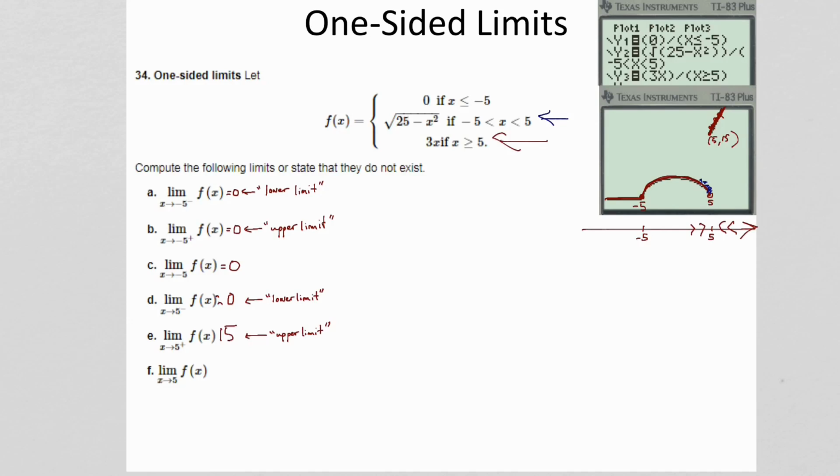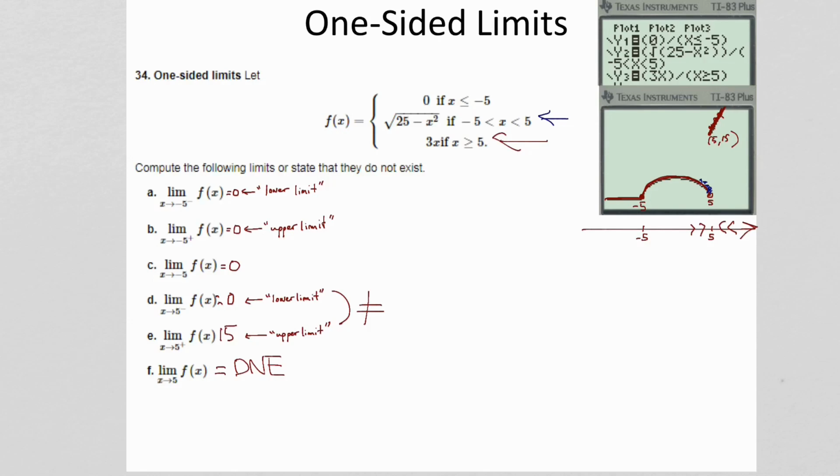So in this case, we see that the lower and the upper limits are not equal. And since those are not equal, the limit as x approaches 5 does not exist. It fails to exist because the lower and upper limits are not equal to each other.